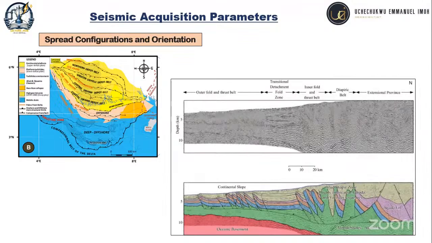So you go perpendicular to the strike line, or at an angle to the strike line. So your receiver lines are not going to go in line with the strike line, so that when you look at your seismic data in the inline direction, you see your fault plane, the outline of your fault plane.